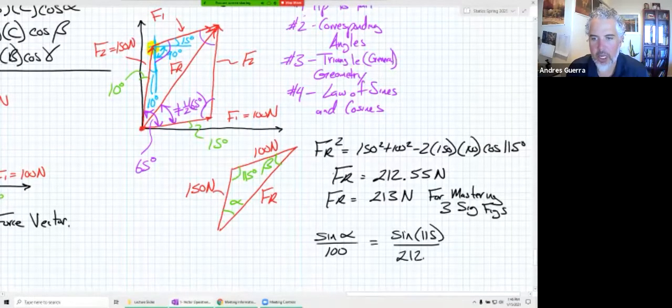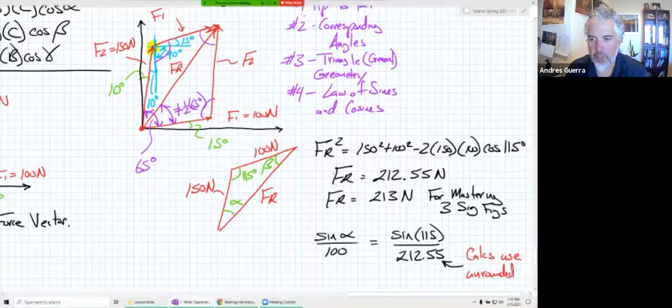Now, you might enter 213 into Mastering, but for calcs, I'm going to go back. For calcs, we're always going to use unrounded values. Okay, so we go back to the 212.55 and we'll solve for alpha in this case.